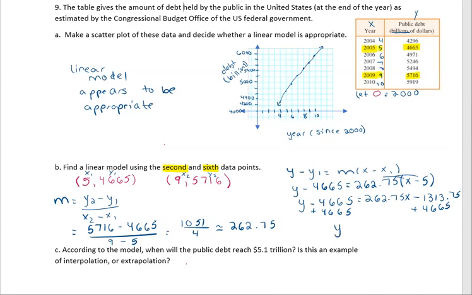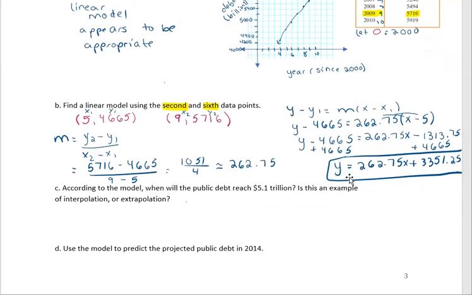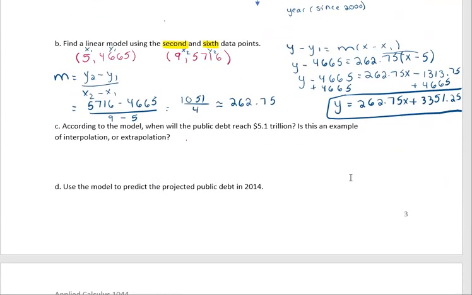So that means we get y equals 262.75x plus 3,351.25. And this would be our linear model. This is the equation of the line representing the data points if we're using points 2 and 6 as our data points to write and find the slope.